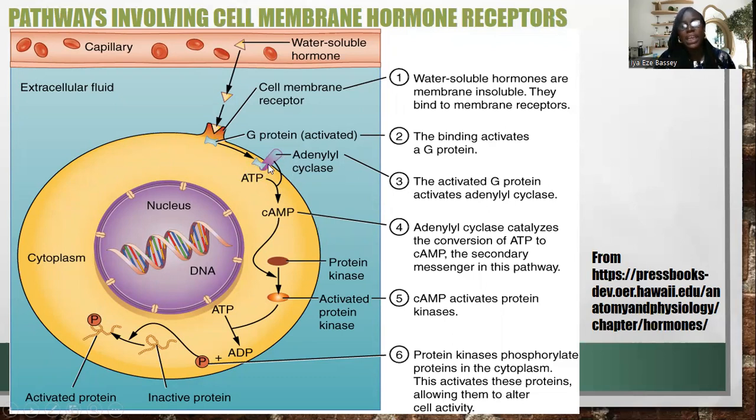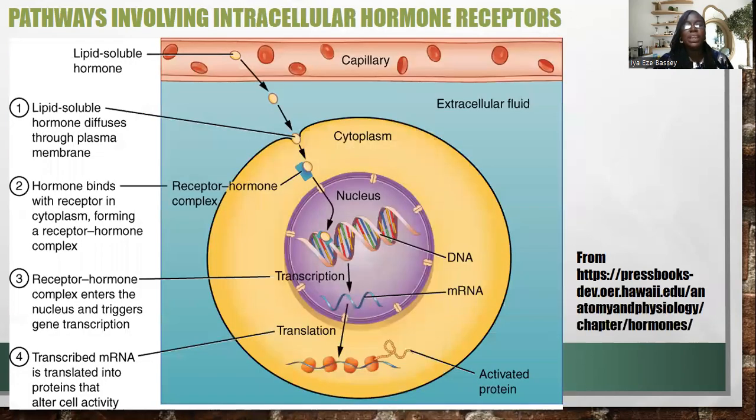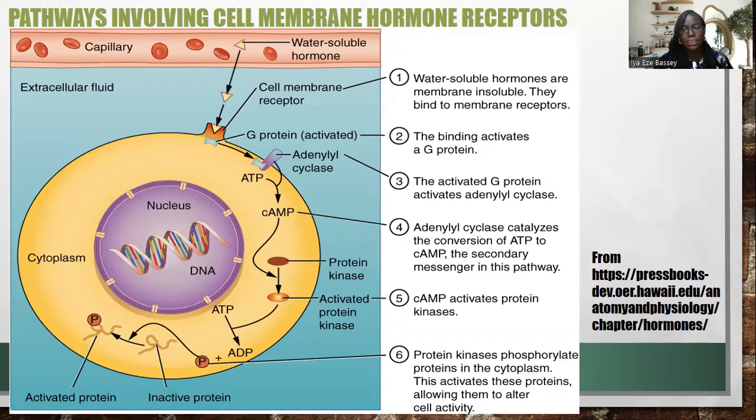All right, adenyl cyclase catalyzes the conversion of ATP to cAMP, which is the second messenger in this particular pathway. Then cAMP activates a protein kinase, and the protein kinase, after being activated, phosphorylates proteins in the cytoplasm, and this activates proteins, allowing them to alter cellular activity. So we can see the innate differences between this and this.